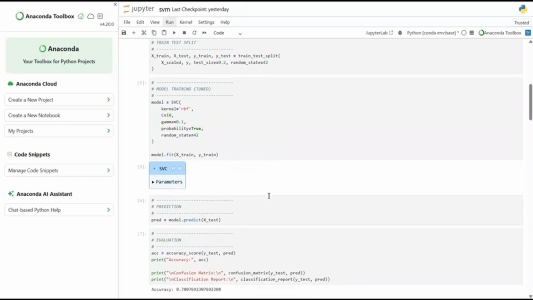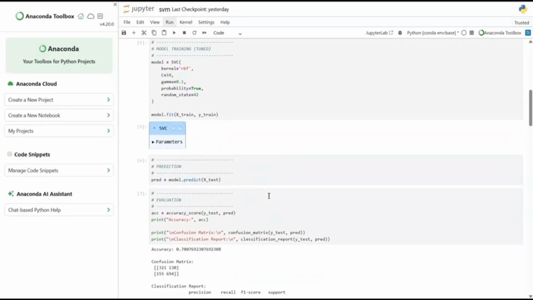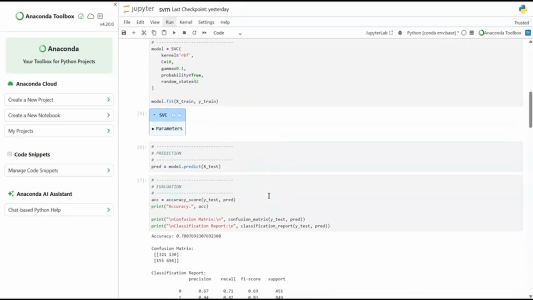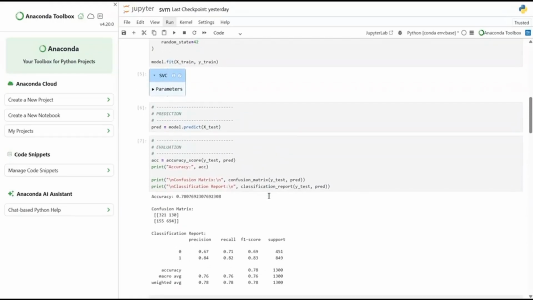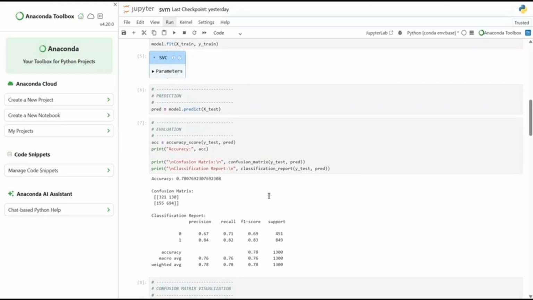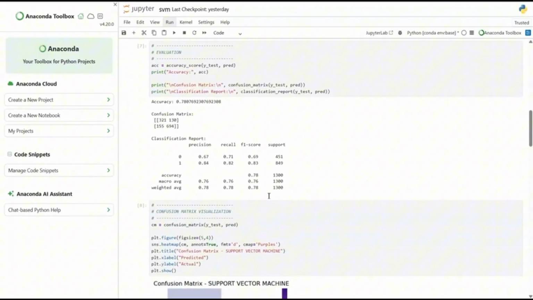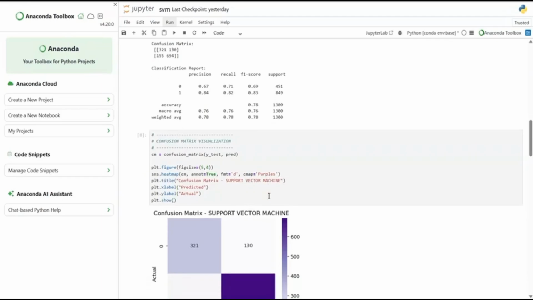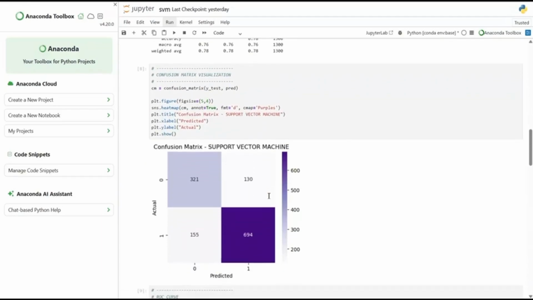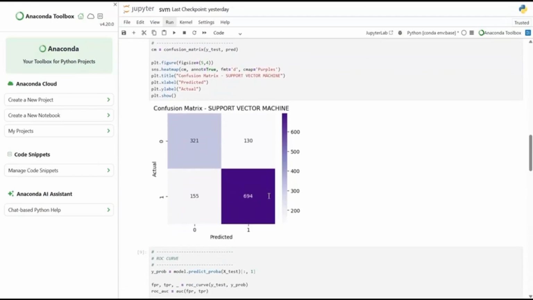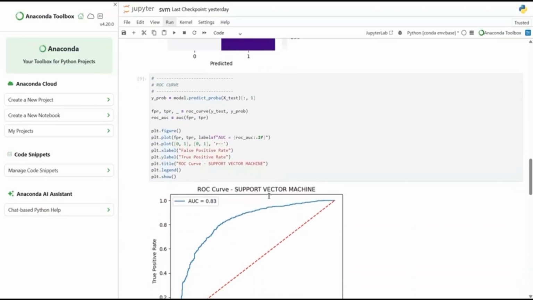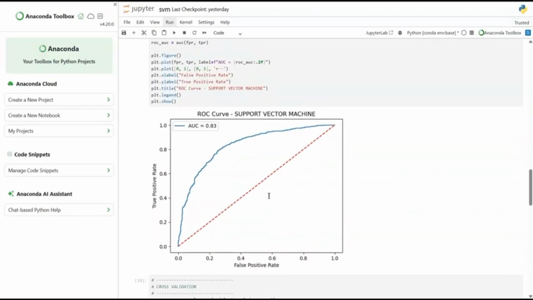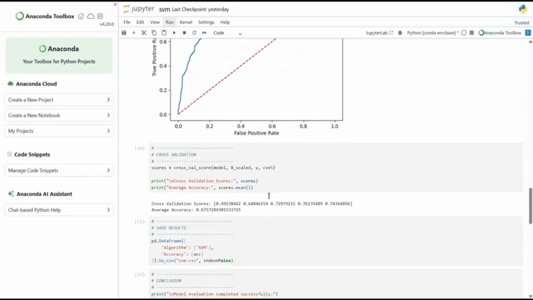The main idea is to create a clear boundary between good and bad wine samples while maximizing the distance between the closest data points of each class. Since the dataset contains nonlinear relationships, we use the radial basis function kernel to map the data into a higher dimensional space, where it becomes easier to separate the classes.